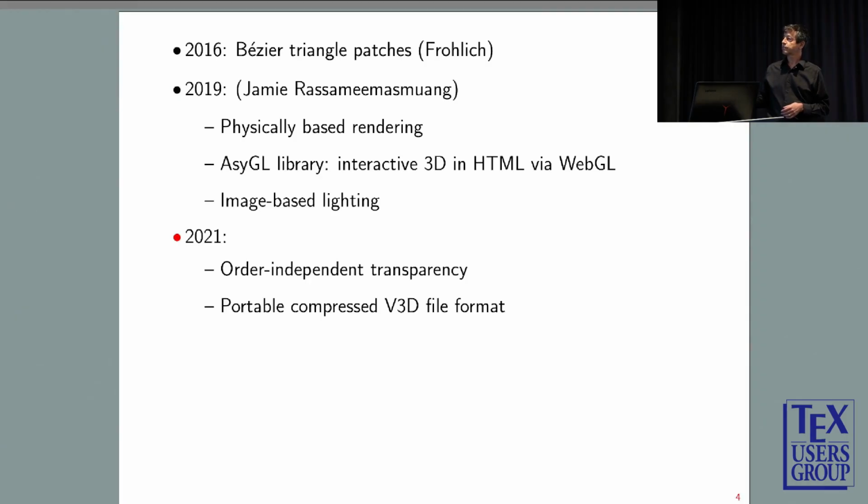And Jamie also helped me develop a replacement to the PRC format that I mentioned. It's a new format. I call it Vector 3D, V3D. And it's compressed. It's even better compression than the PRC format. That was one of the big deals about PRC. The trouble with PRC is the way they implemented their own compression algorithm.